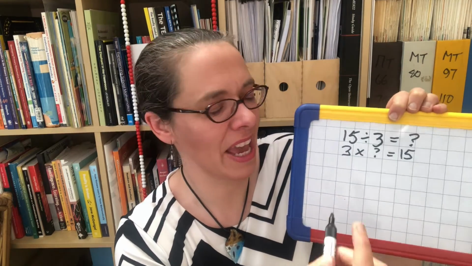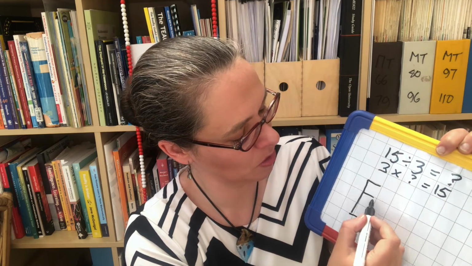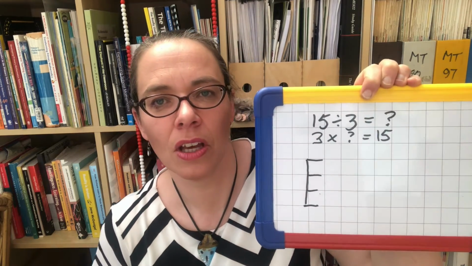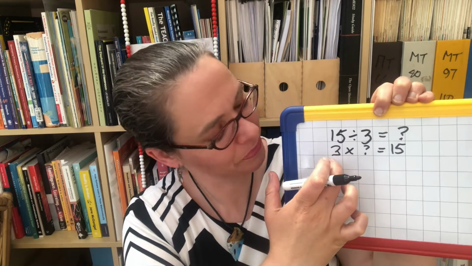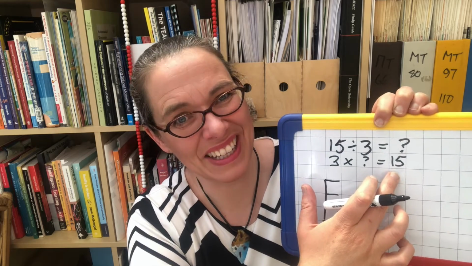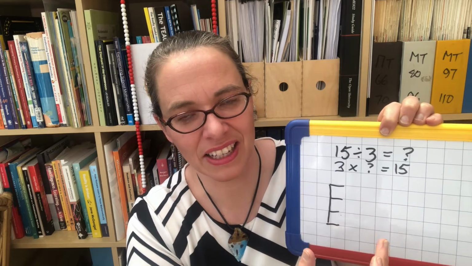If we do the same here, what we're doing is saying we have a rectangle of squares. One side is 3 squares long because we know one number. And we know there are 15 squares in the rectangle. So the question is, how long is this rectangle?